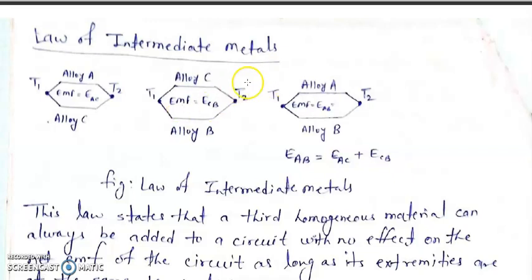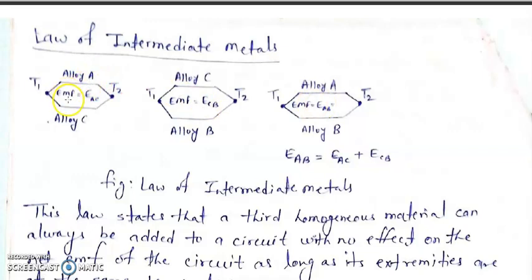Now if there are three alloys, taking a single conducting metal, in place of a single conducting metal, if we use alloys, then we get better result, better sensitivity of temperature. So here you can see there is alloy A, alloy C, and alloy C, alloy B. This is one thermocouple, this is another thermocouple, and this is the third thermocouple.